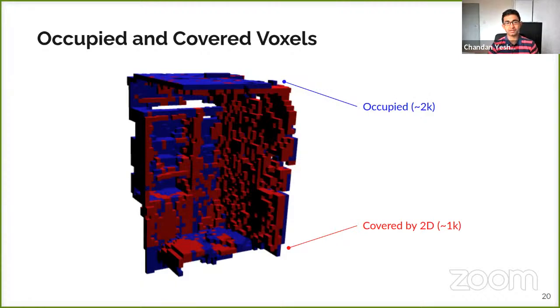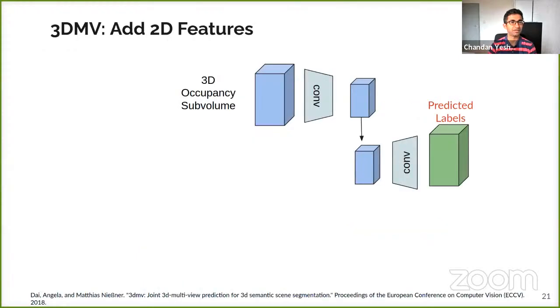Like I said, when we're doing 3D segmentation, it's mostly free space, right? So these voxel grids are actually not the best representation of free space, but we chose to go with this initially. And then only about half of these are going to be covered by 2D, which means this is not optimal, that we are not actually using all the 2D information. So we'll see what happens with this once we do this in the 3D MV way.